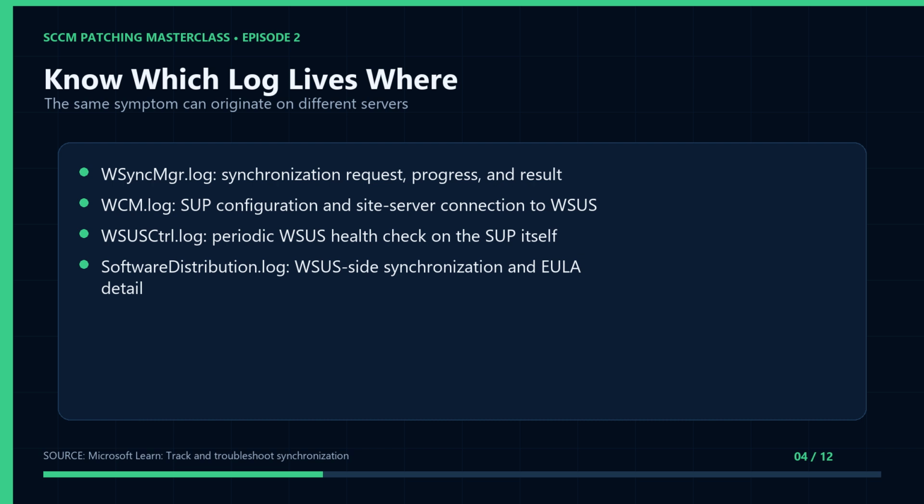For HTTPS software update points, verify that the WSUS website certificate contains the correct fully qualified name, is valid, and chains to a trusted authority. Confirm that the Configuration Manager setting to use SSL matches the actual WSUS configuration and port.